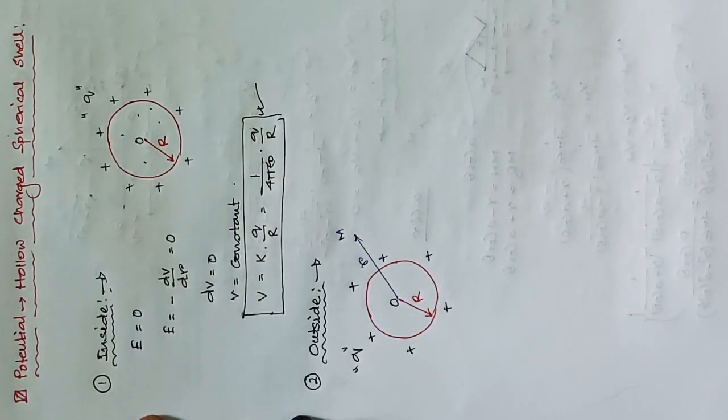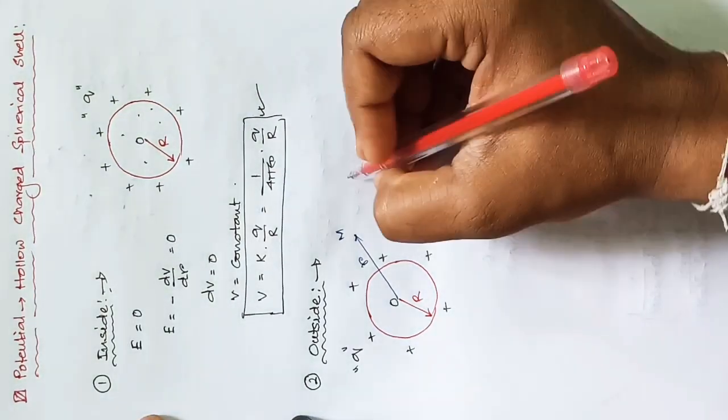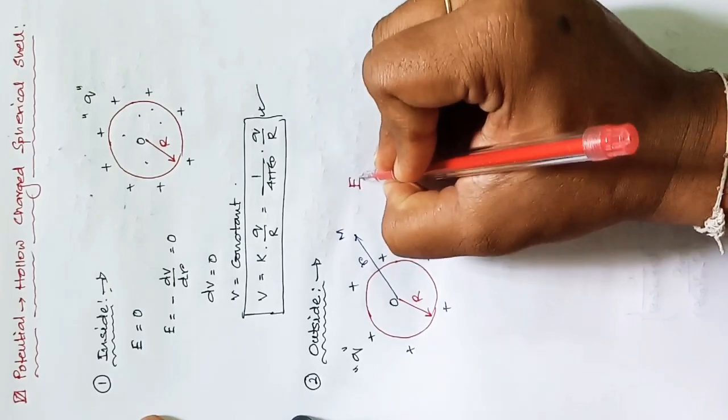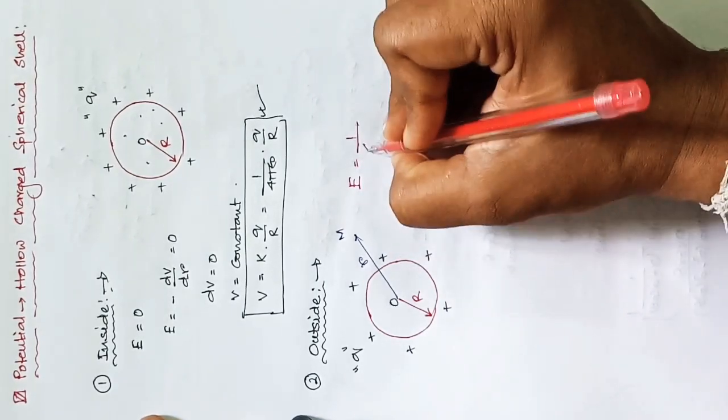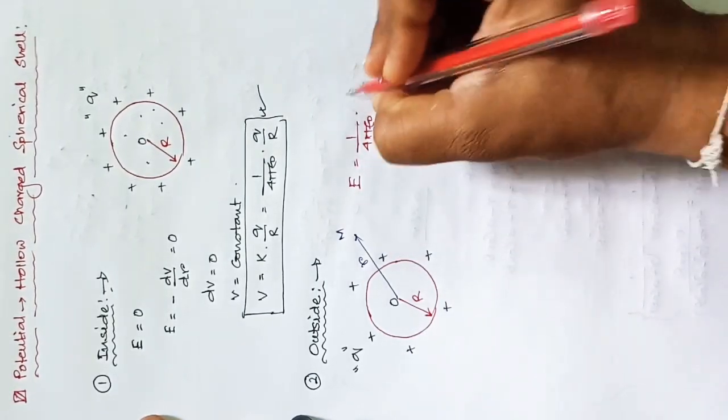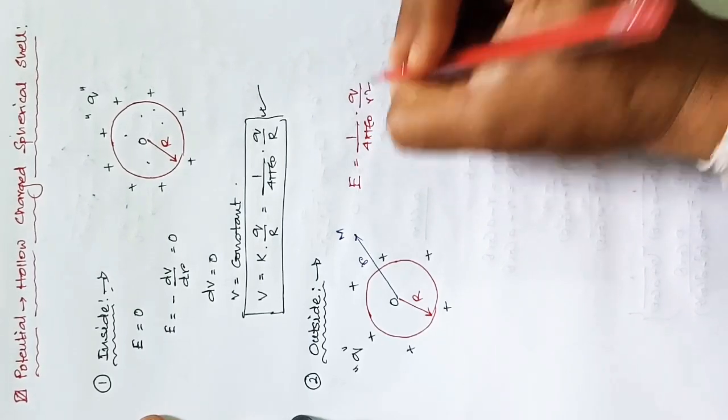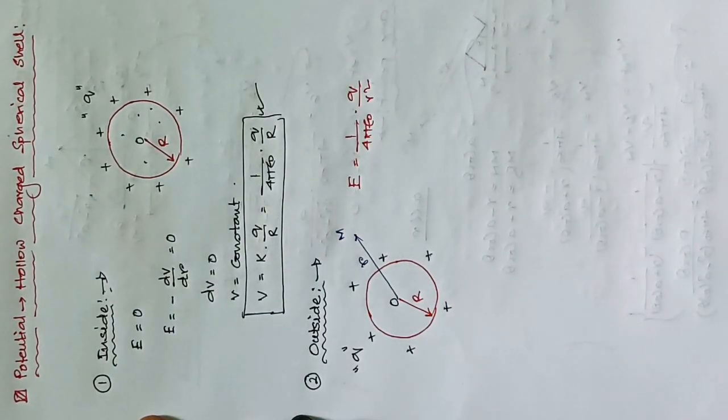So in this case, we know the expression of the electric field from Gauss's theorem, Q by R square. This we got from Gauss's theorem, which was discussed in some previous videos.